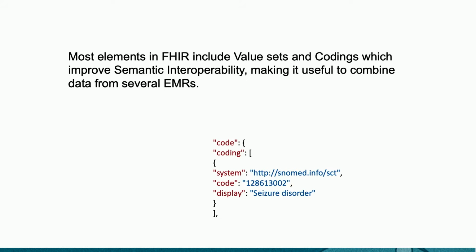So this makes it a useful standard for combining data, for example, from several EMRs. So we could know what code set a particular observation was coded in, and we could then ingest it and normalize it much easier.